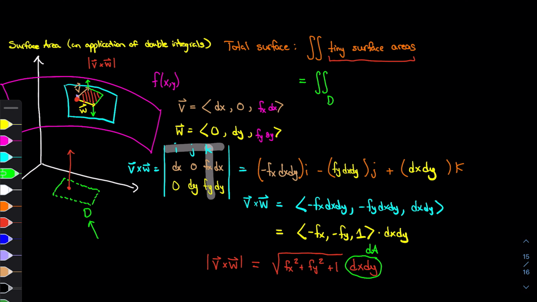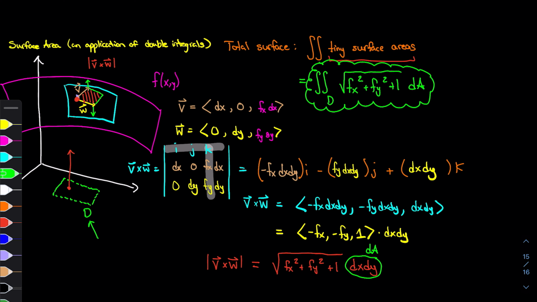We're adding up a bunch of tiny surface areas given by the square root of f sub x squared plus f sub y squared plus 1, with a little dA at the end. And it turns out this is our really nice formula for surface area. It's not really a hard formula to memorize or to calculate.